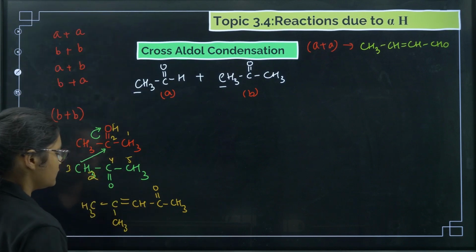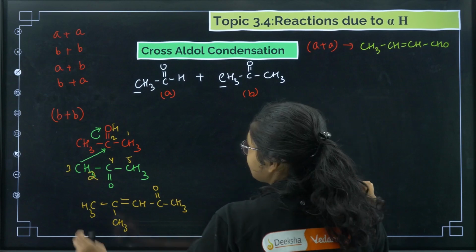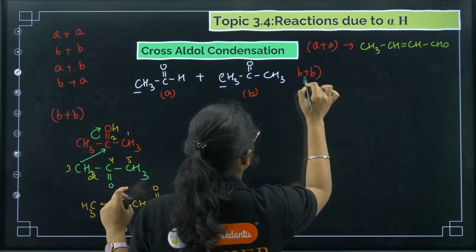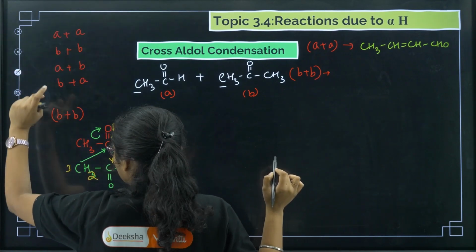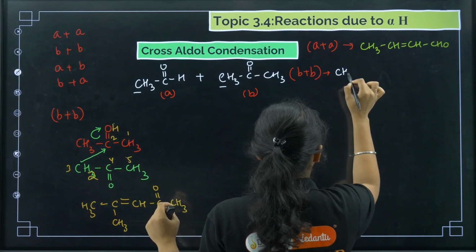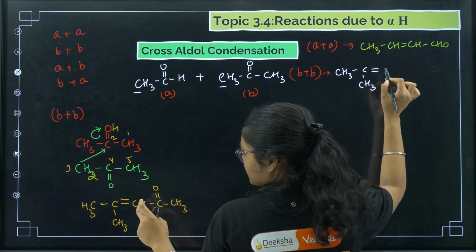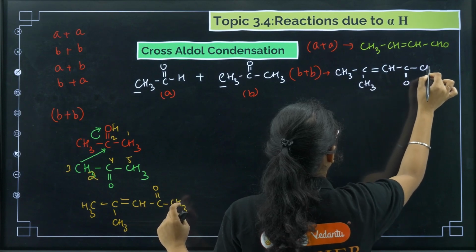So this is my B plus B. Let us write down the product here. B plus B will give you (CH3)2C=CH-CO-CH3.